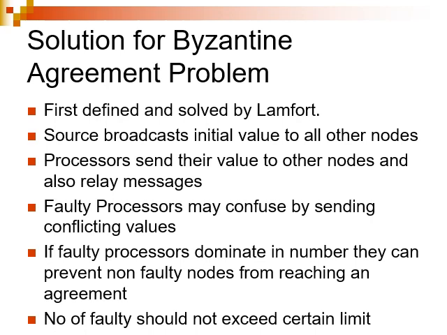In this scenario, the faulty processors may cause confusion by sending conflicting values. So what to do with such faulty processors that may confuse the whole system and all the processors participating in the network? If faulty processors dominate in number, if they are more than the non-faulty processors, then they can prevent non-faulty processors from reaching an agreement, because they are more in number and will dominate.